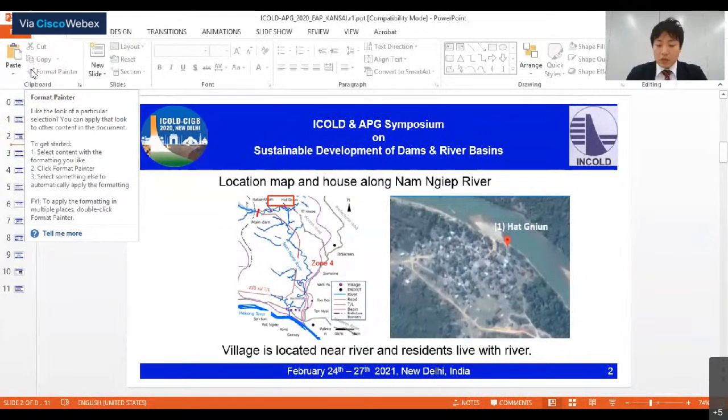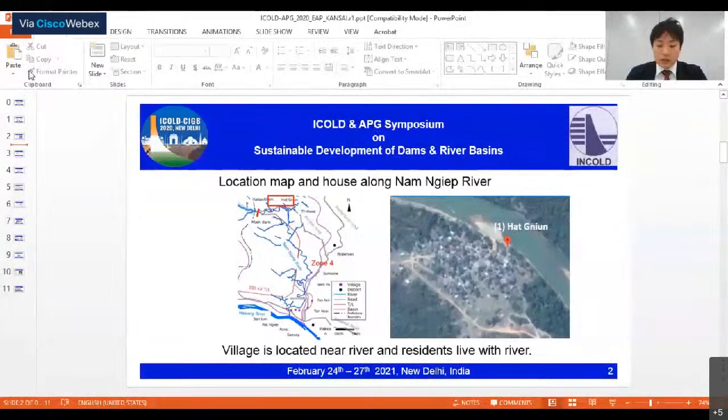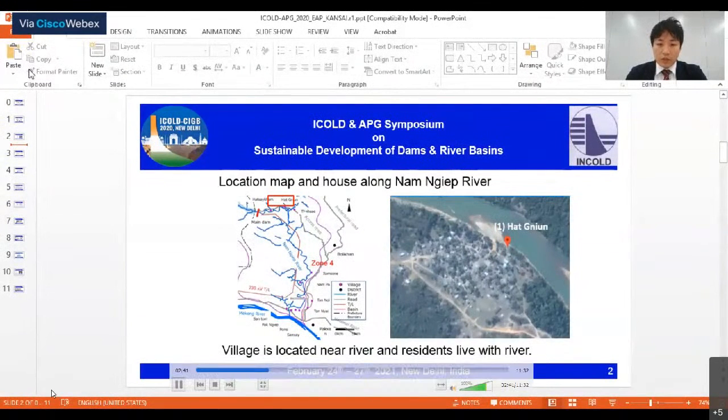Since the construction of the Namnia One project access road, most transport is now by road, and boats are now mainly just used to access farmland across the river. To facilitate this, a minimum water depth allowing boats to traverse the river is maintained according to the concession agreement.